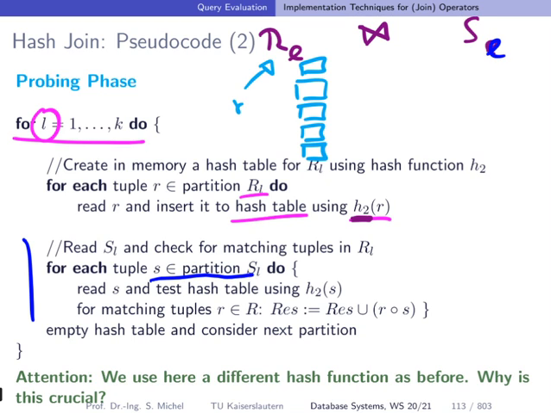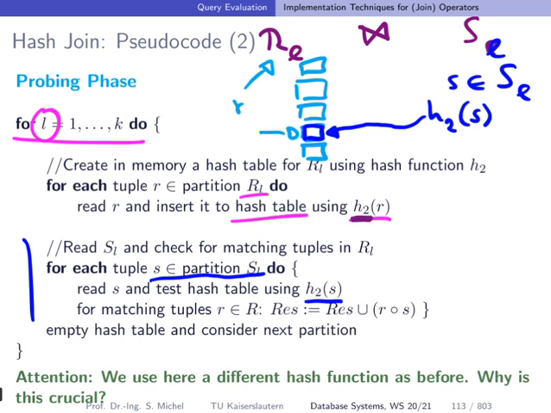As you can see here, we apply h2 on S, so we have a tuple S out of SL. We apply the hash function on S, and then this comes here, and then we check if there is some matching R tuple in this hash bucket.